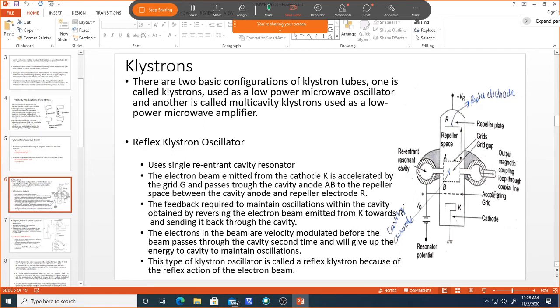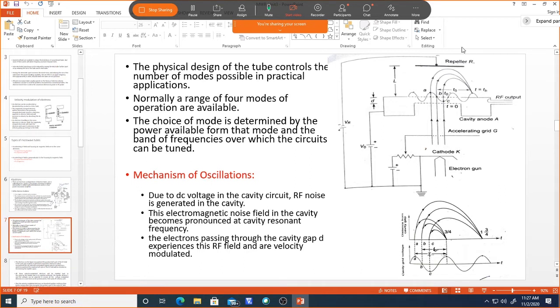The coupling happens through this coaxial cable and the power is taken out. This is the actual mechanism of oscillation in the microwave device, the reflex klystron.